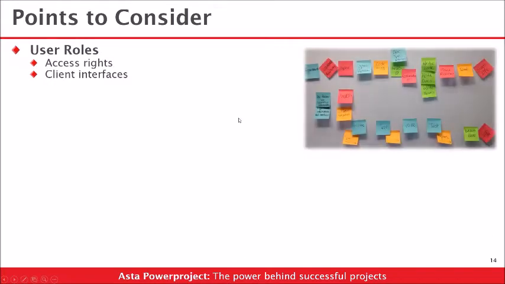The areas to consider are that you have access rights within this, so you can control what people see, how much access they've got, and if they need to see everything at all. On infrastructure, it is a client-server application, so you have Asta Powerproject installed on your machine, and the Asta Powerproject Enterprise Server centrally stored.